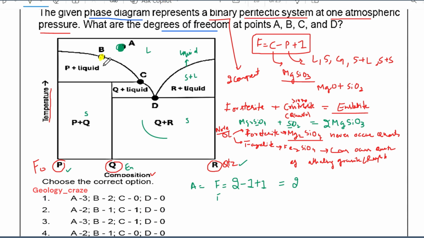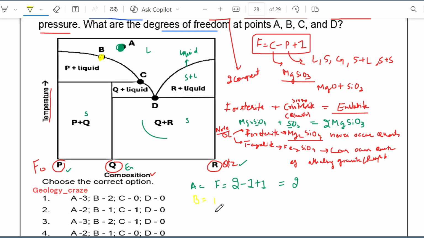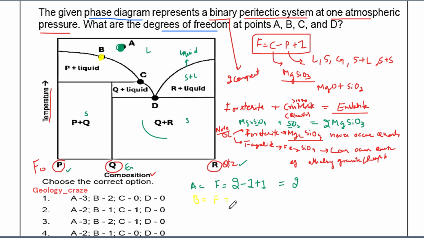Now at B, F is equal to, component is 2 in this case, but how many phases?